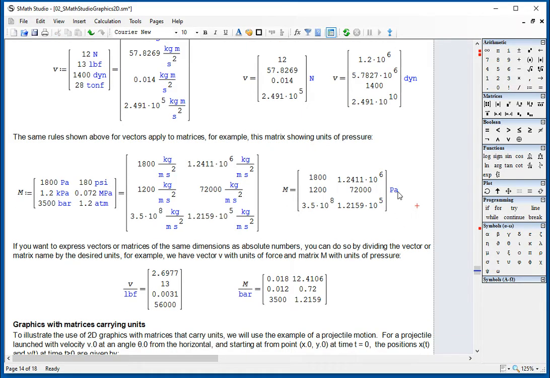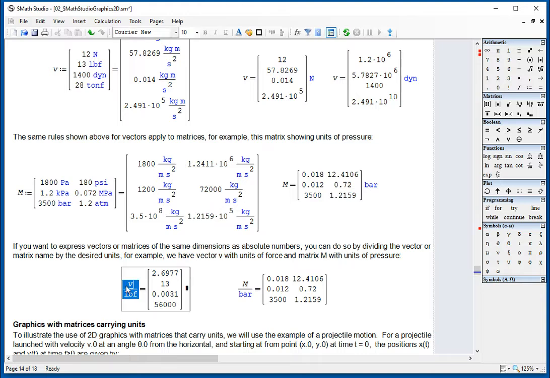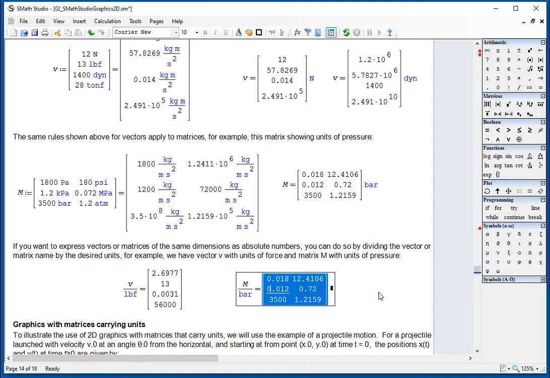We could change this to, for example, bar, which is another unit of pressure, and this will be the result. Another format to present data where all the elements belong to the same dimensions would be to divide the name of the vector or matrix by an appropriate unit, like pound force in this case, or bar in this case, to provide only the absolute values to the right-hand side.